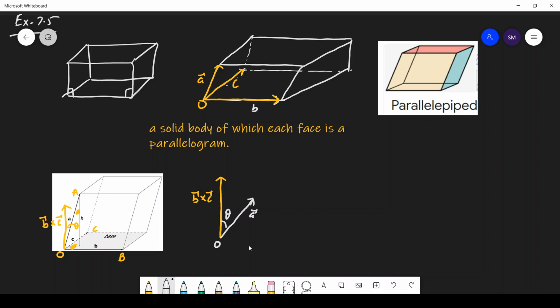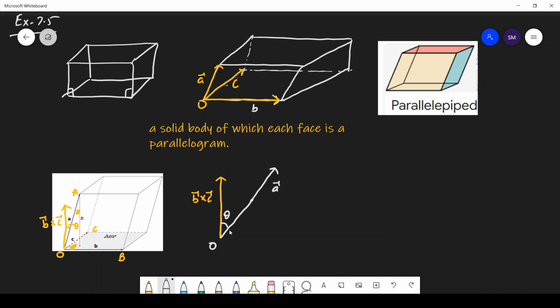Okay, this is O. This is maybe of larger length, doesn't matter. I'm not drawing it to the scale, but I'm just telling you that theta is the angle.